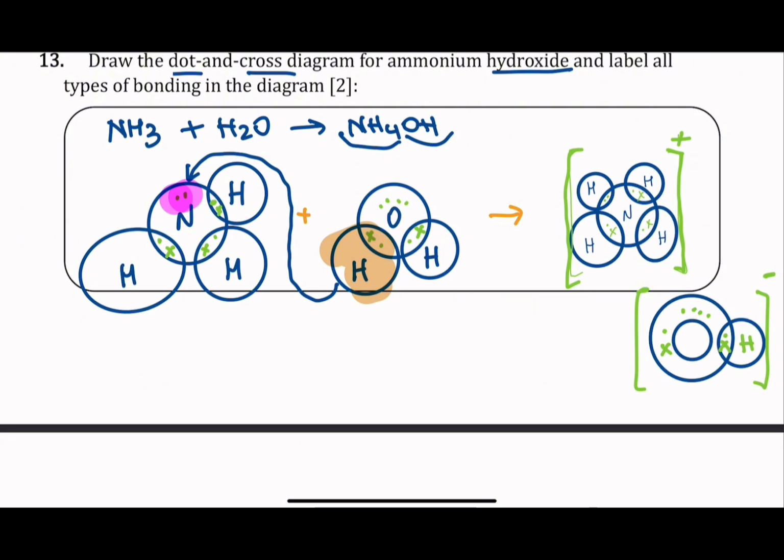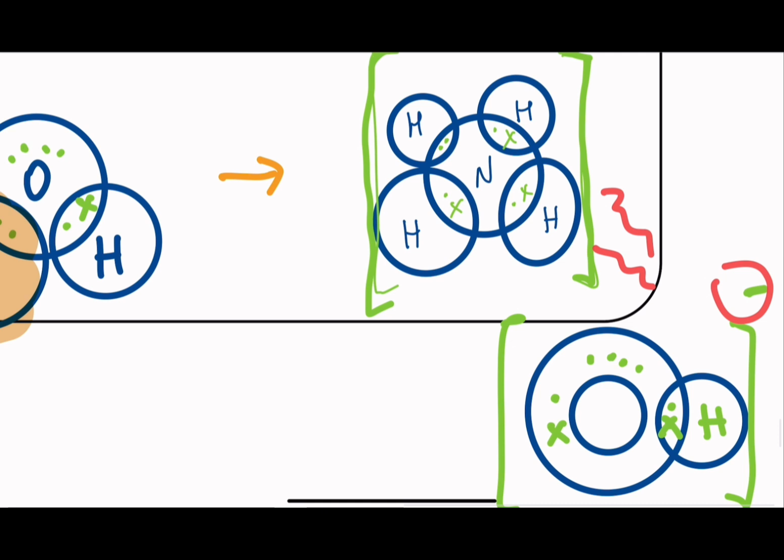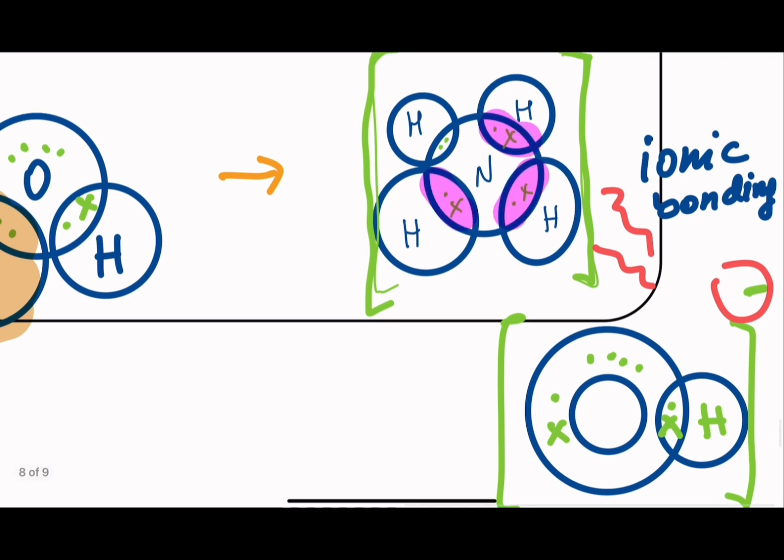Now, because it is positive and negative here, they are pulling each other, right? We have ionic bonding between them. We also have polar covalent bonds inside ammonium, and we also have coordinate covalent inside ammonium.